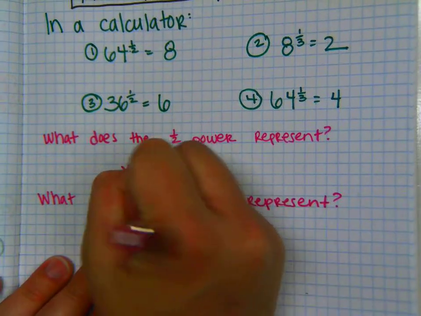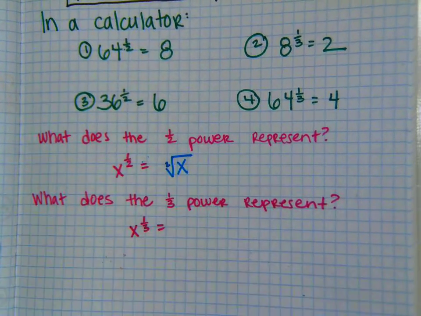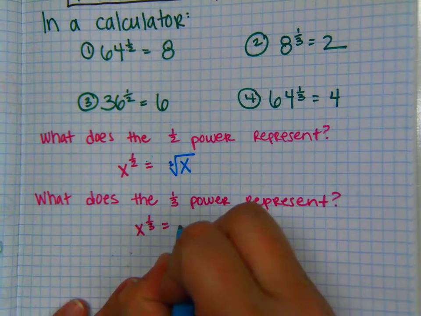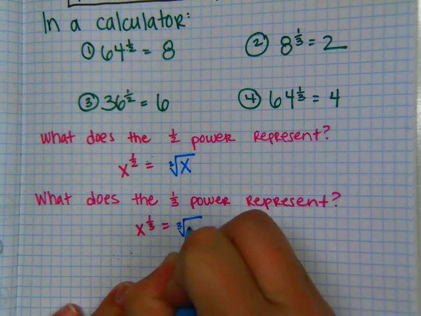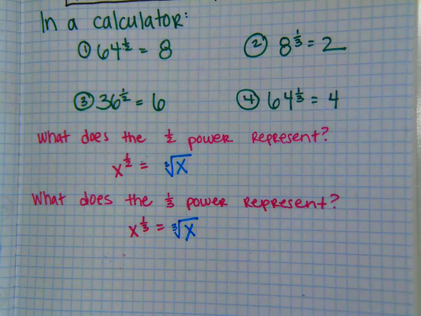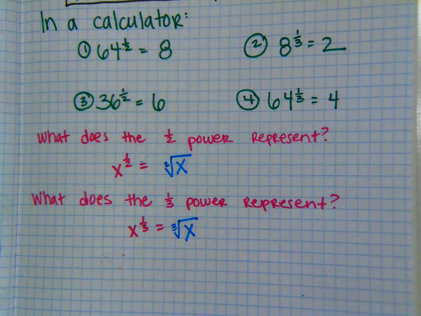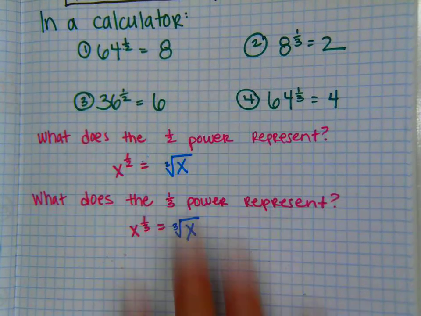So that would mean x to the 1/3 would be, what do you think that's going to be? That's going to be the cube root of x. The cube root is something times itself 3 times, gives us that number. 4 times itself 3 times gives us that 64. That's the cube root. Okay? So that's just an introduction.